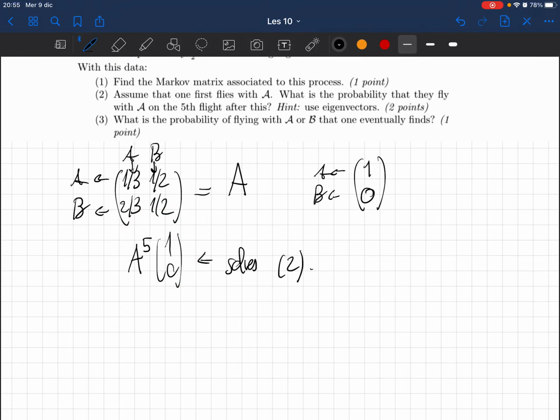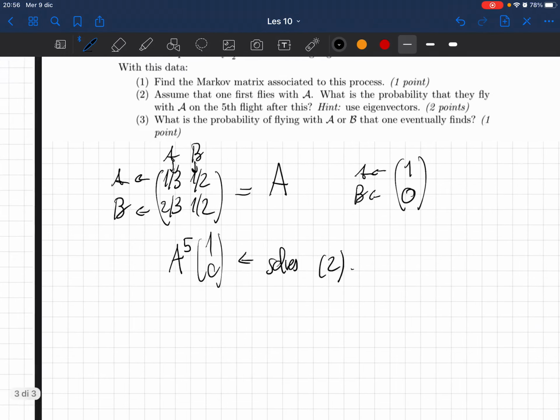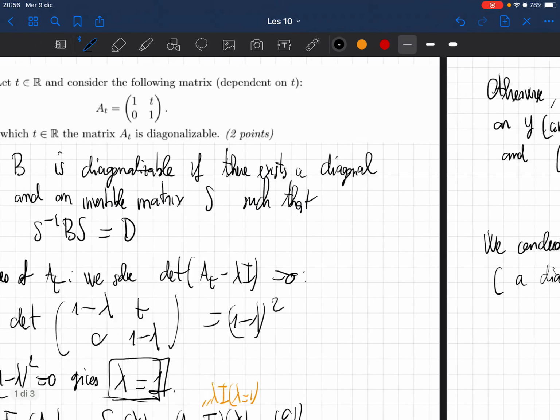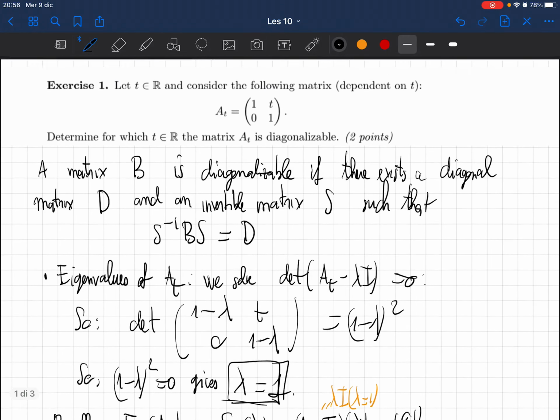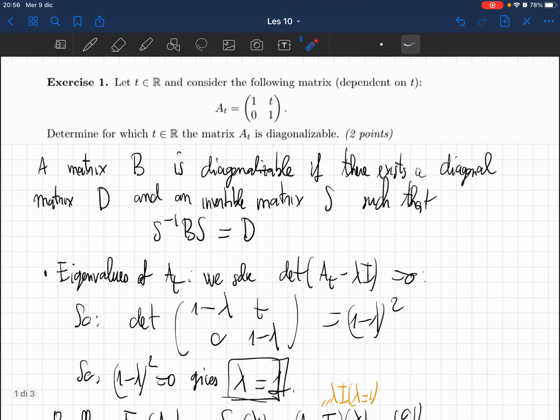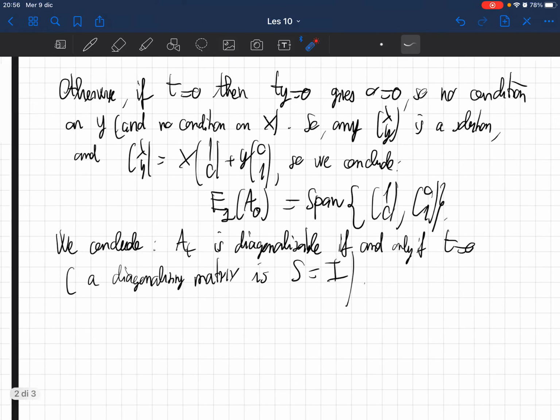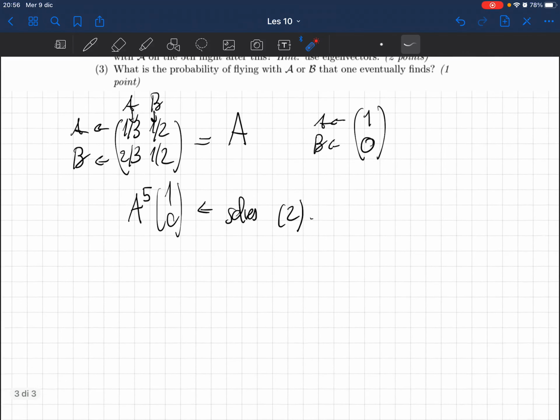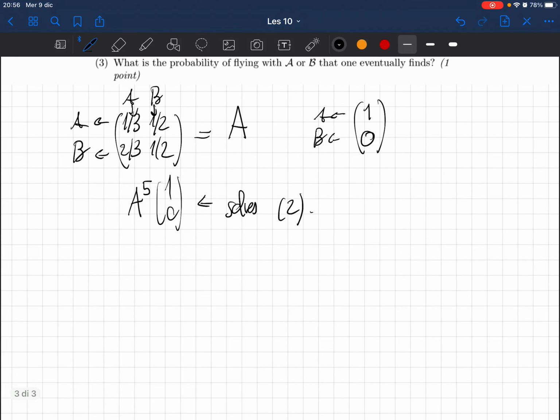Perhaps someone here, recalling the definition of diagonalizability, thinks: if I put A in a diagonal form, then it's easy to compute the 5th power of a diagonal form, right? That's a good idea, but there's an even similar way of doing this.